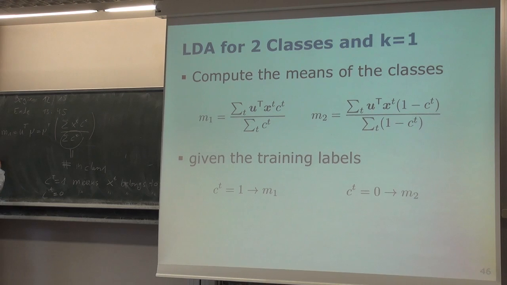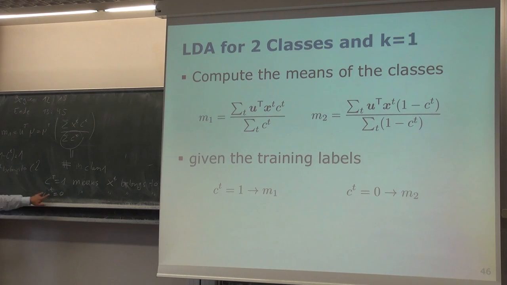And 1 minus ct equals 1, as a result of that, means xt belongs to class 2. It's the same thing.